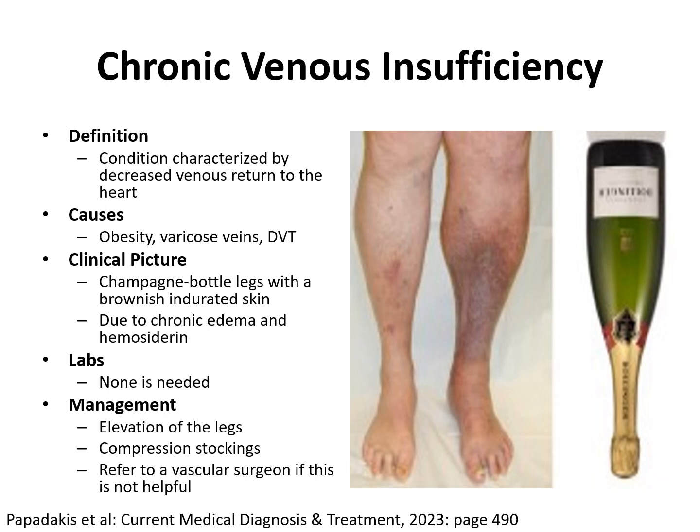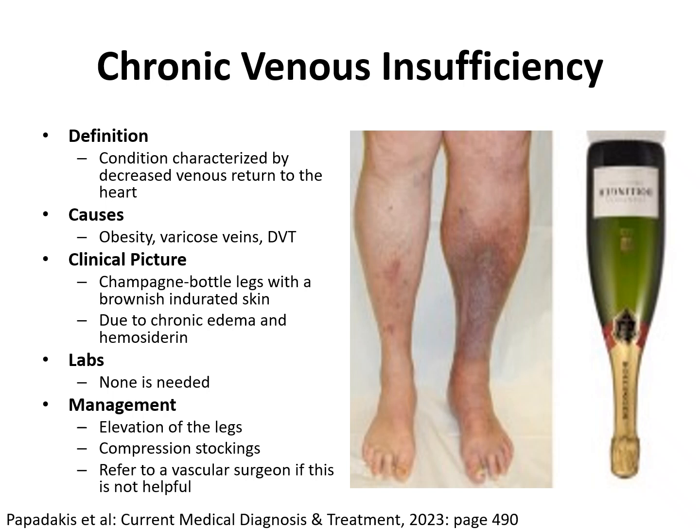CVI, chronic venous insufficiency, is a condition characterized by decreased venous return from the legs to the heart. Obesity, varicose veins, or a history of a DVT in one leg are known causes. The clinical picture here is the inverted champagne bottle legs.